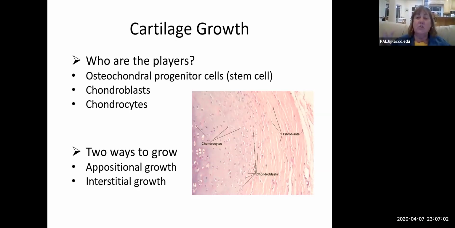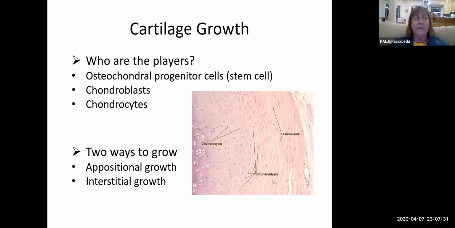So with cartilage, there's two different methods to grow. And so if you're doing this cartilage video, please do not move on to the bone formation video in the same session. Do this one and study this one and understand these two types of growth and the terminology, and then come back another day to do the actual bone formation.